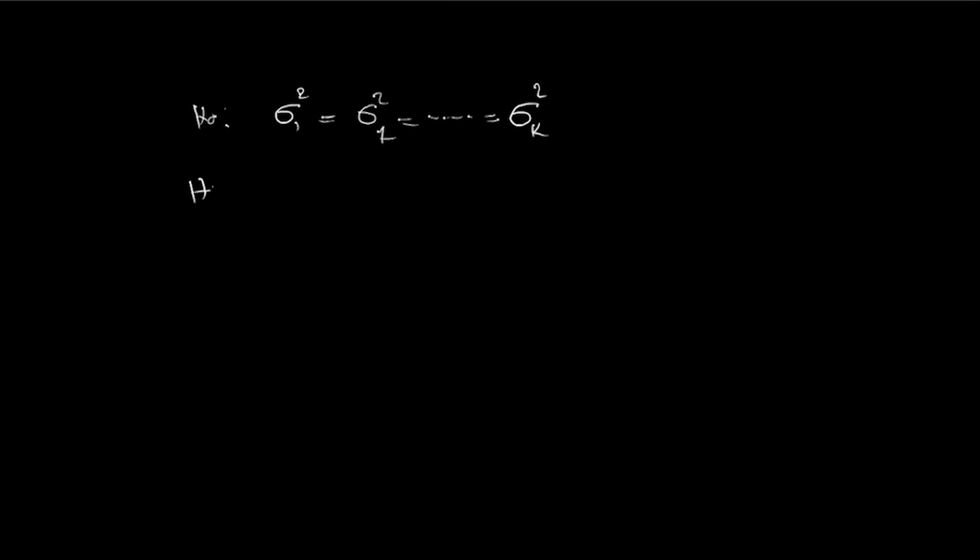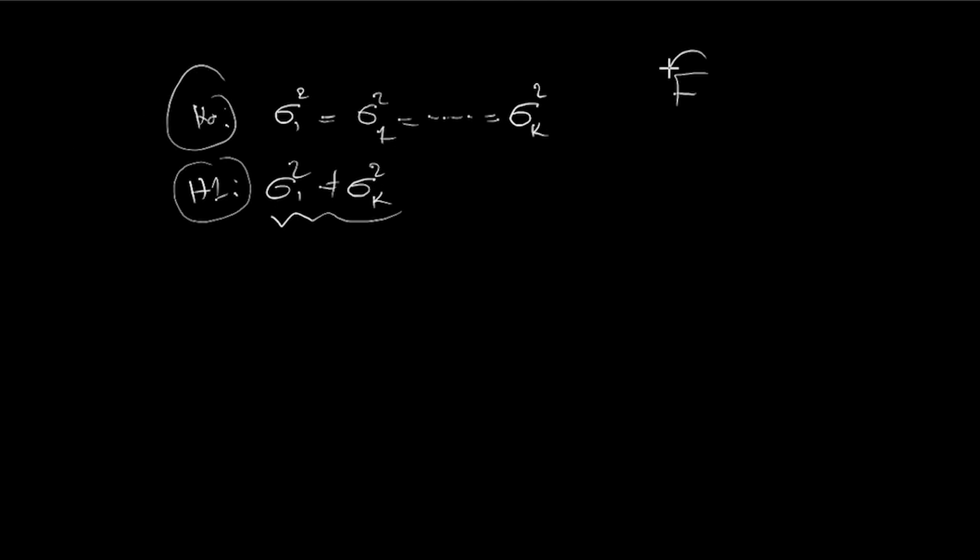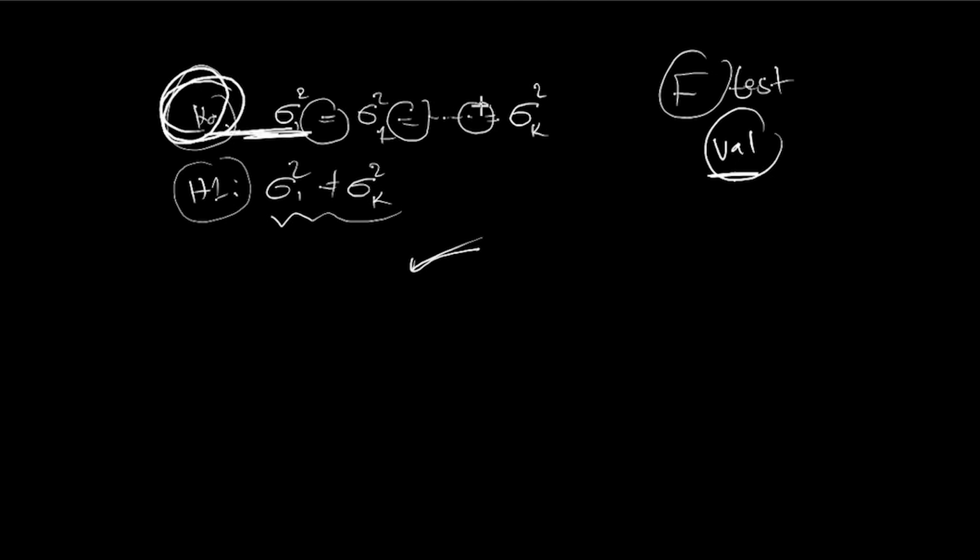The alternative hypothesis says that at least one of them is not equal to sigma square K. When I do the F test, which spells out a value, in order for ANOVA to work I want the null hypothesis to be true: equal variance between the three groups. So I hope to get a value larger than 0.05 if I am constructing on 95% confidence. If it happens to be less, then this ANOVA is not going to work.